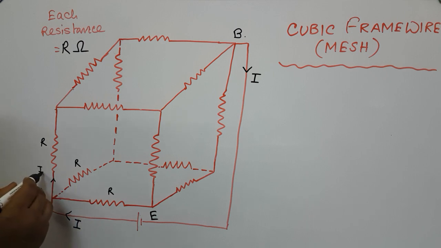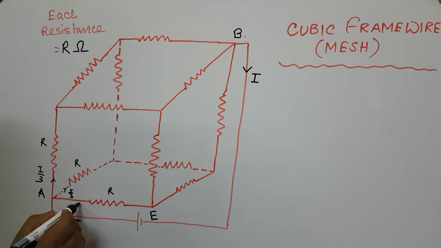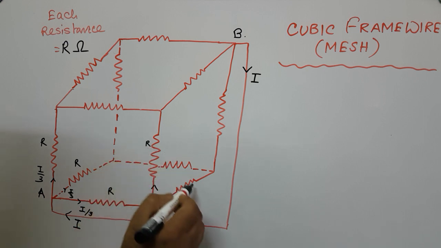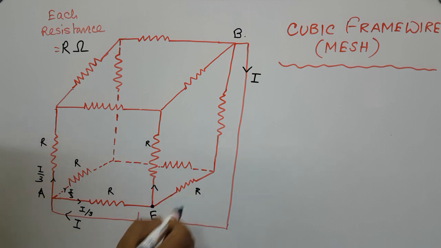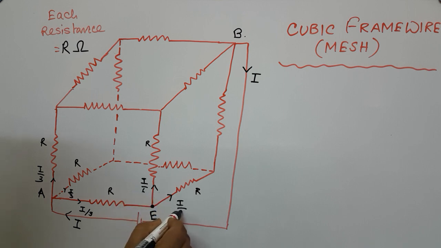One is I by 3, I by 3, and here also I by 3. Now at this point, this I by 3 will again divide into two equal parts, because these two resistances are also equal, R and R. So this will become I by 6 and I by 6.